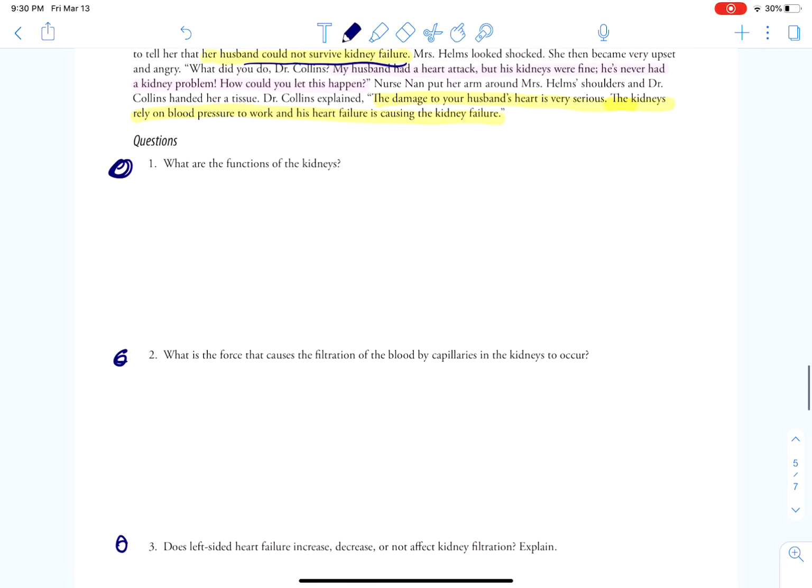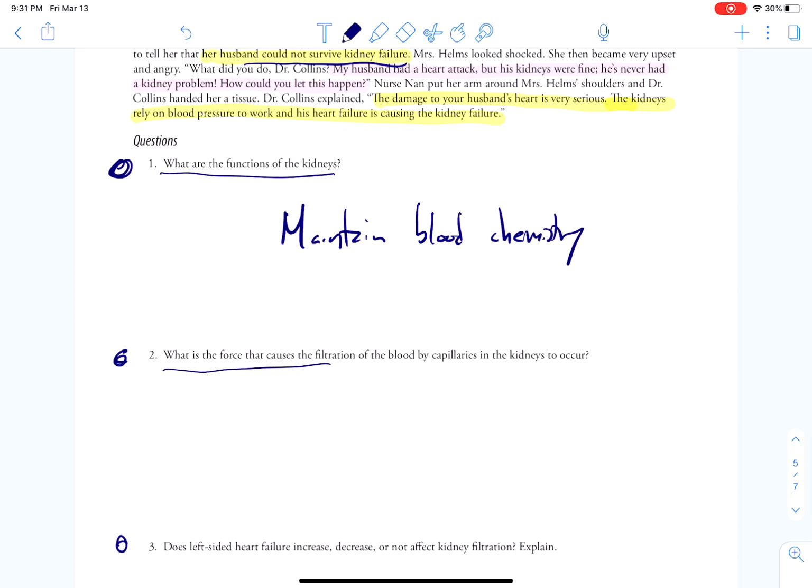Okay, so let's go through these questions here. First of all, what are the functions of the kidneys? Functions of the kidneys are to maintain blood chemistry. What is the force that causes the filtration of blood by the capillaries into the kidneys called?